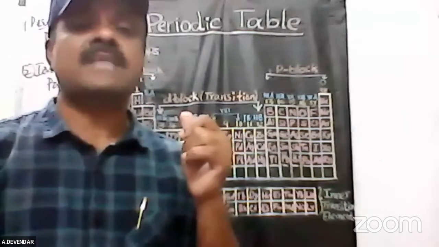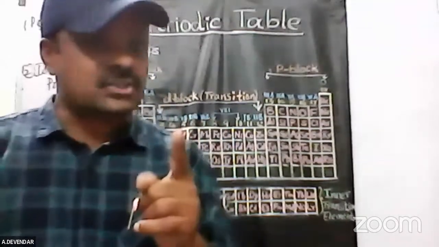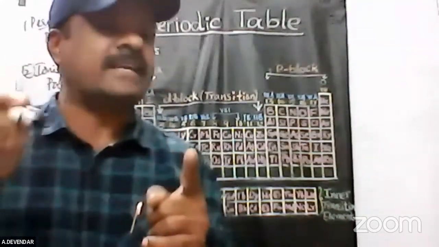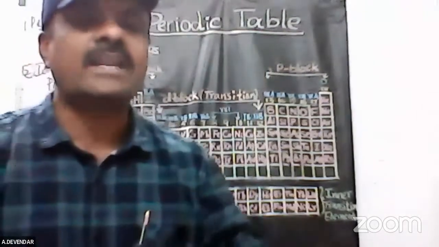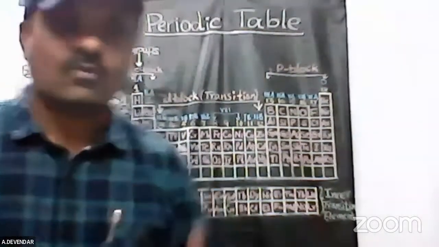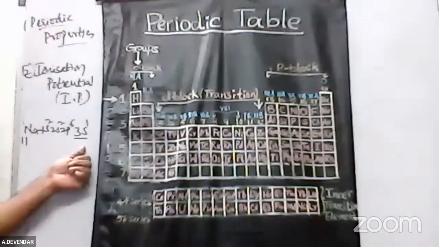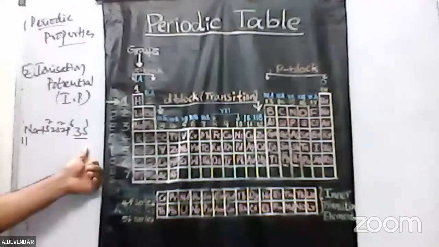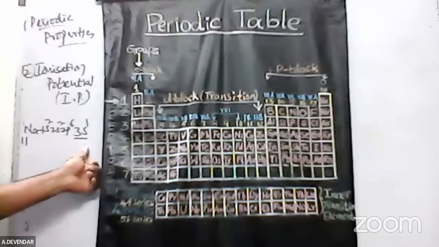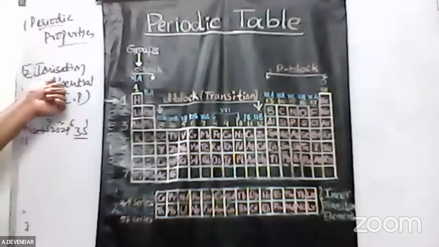Sodium has only 1 electron, so it requires 7 more to get stability. Gaining 7 electrons is hard, but losing 1 electron is easy. Ionization potential means the amount of energy required to remove the loosely held electron from its outermost shell.